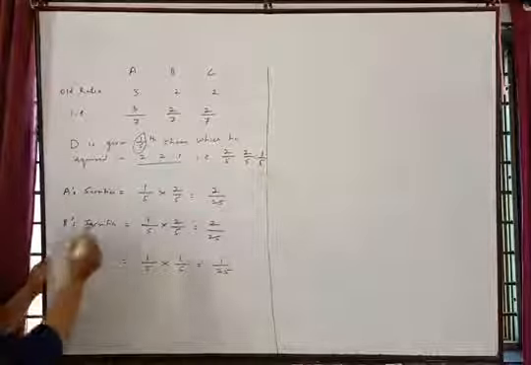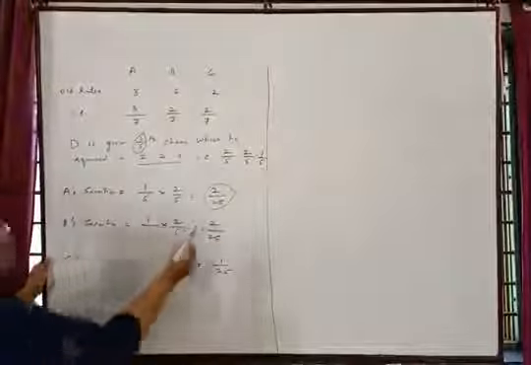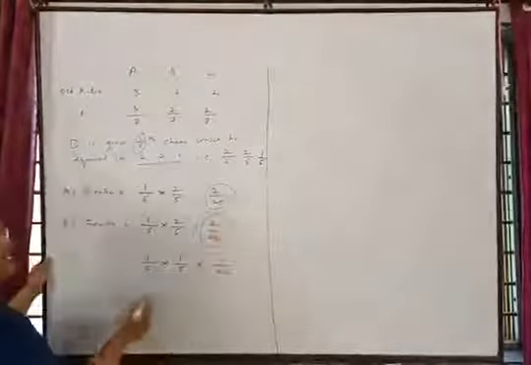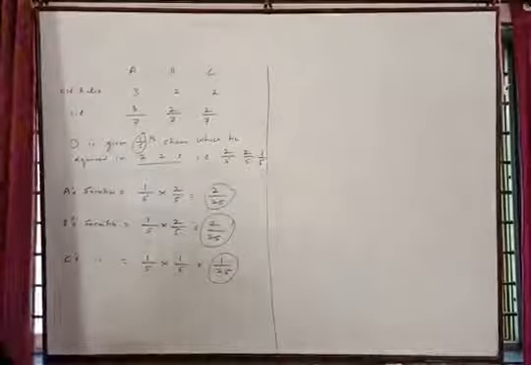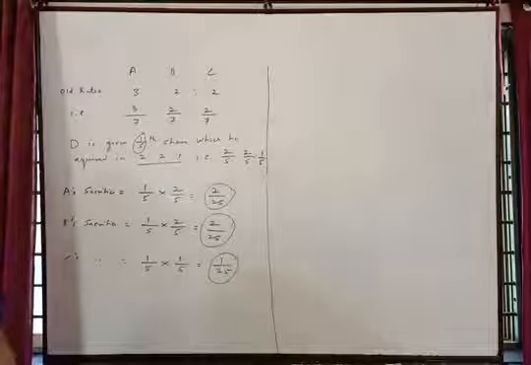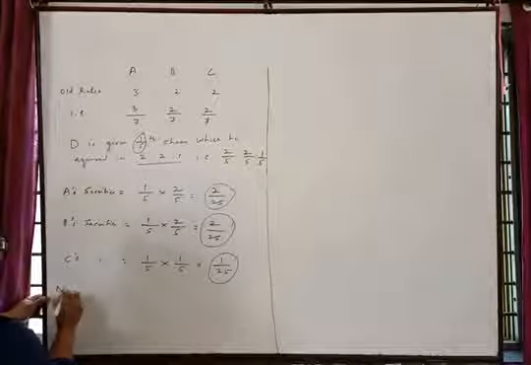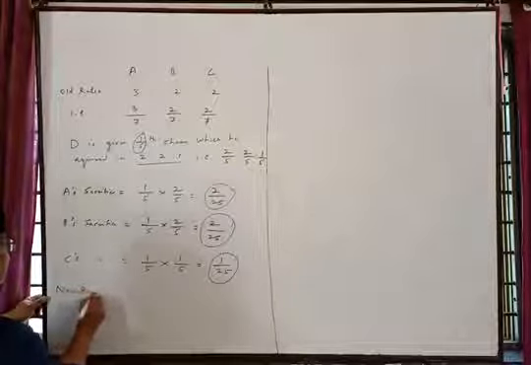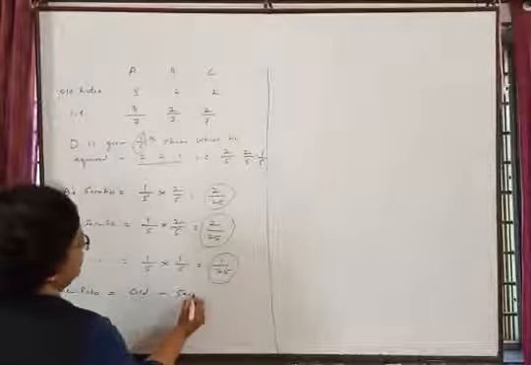So A is sacrificing 2/25, B is sacrificing 2/25 and C is sacrificing 1/25 in this problem in favor of D. Then we will calculate the new ratio of Mr. A. So new ratio is equal to old ratio minus sacrifice.